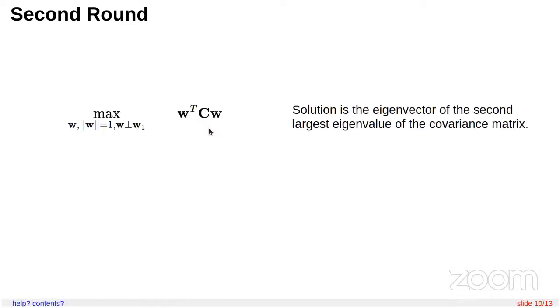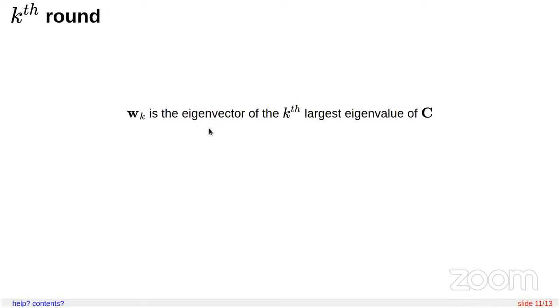So for the second round, your solution will be the eigenvector corresponding to the second largest eigenvalue. And if you extend this, then your kth direction will be nothing but the eigenvector of the kth largest eigenvalue of C. Can you visualize the second round of activity?